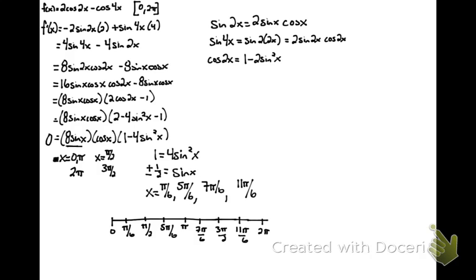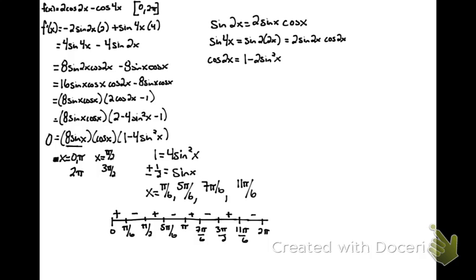And we can see, looking at the graph of the derivative, that between 0 and pi sixth, it is positive. Between pi sixth and pi halves, the derivative is negative, changes to positive, goes back to negative, back to positive, back to negative, back to positive, and negative.